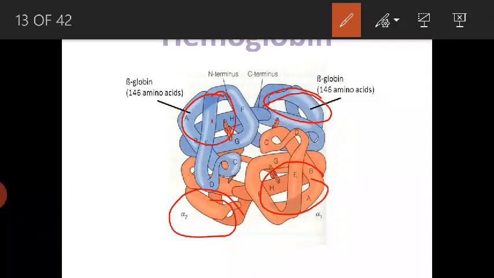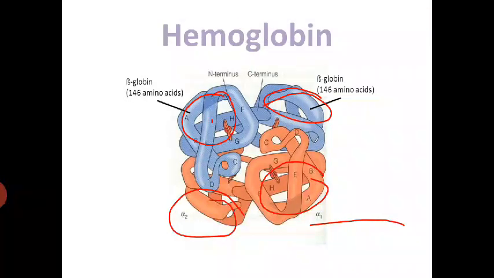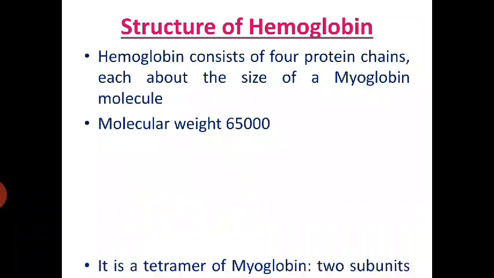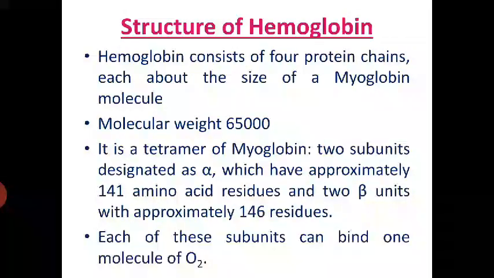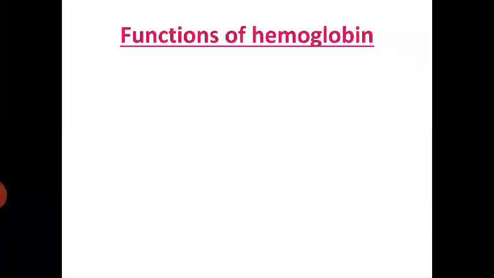These are designated as alpha, in which only 141 amino acids are there. So it is a tetramer of myoglobin. Then each of these subunits can bind to one molecule of oxygen. That means 4 iron atoms are there to bind 4 oxygen molecules.